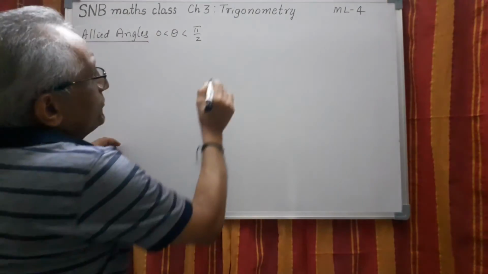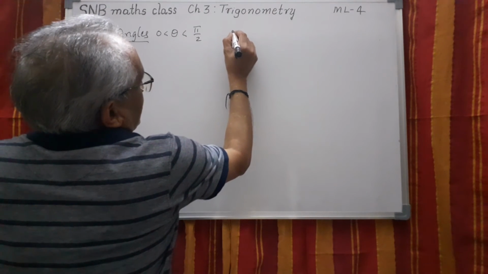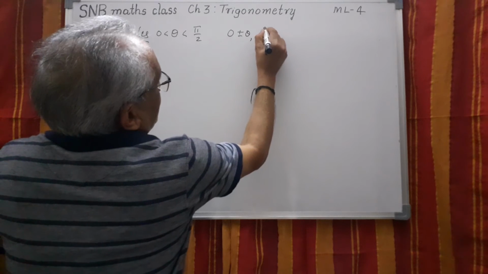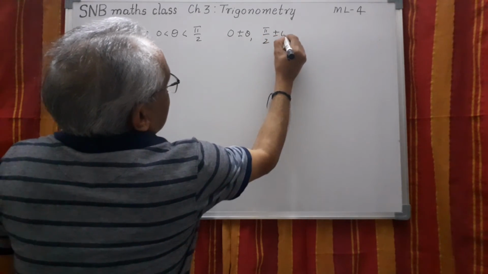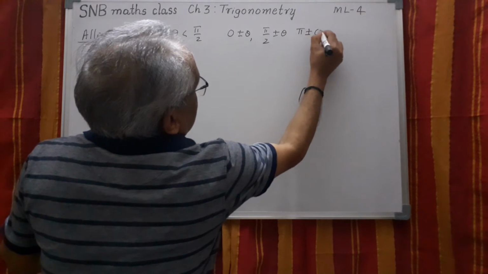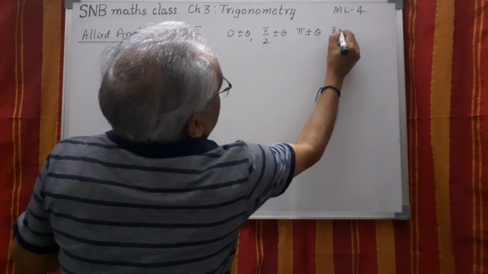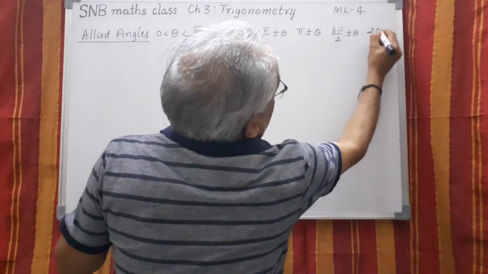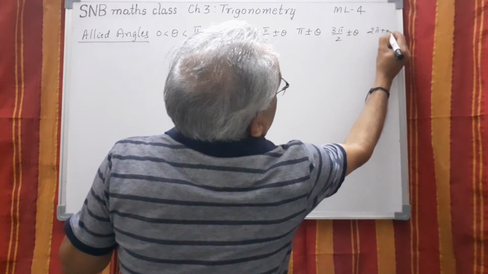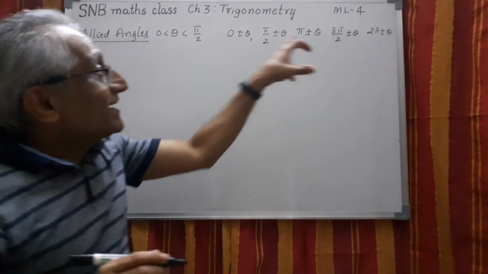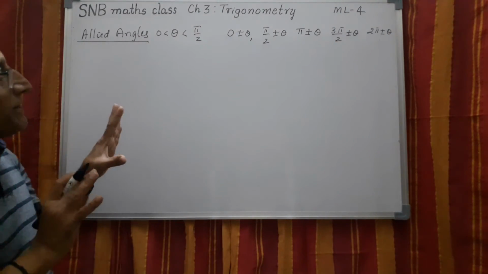Then if you take 0 plus or minus theta, pi by 2 plus or minus theta, pi plus or minus theta, 3 pi by 2 plus or minus theta, and 2 pi plus or minus theta, these angles are called allied angles.